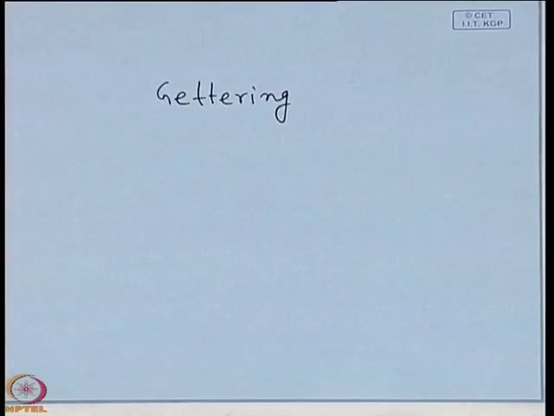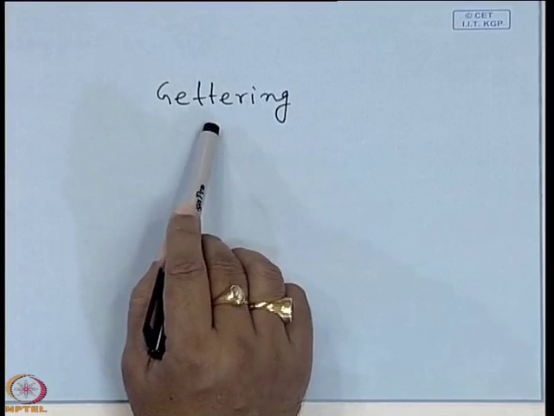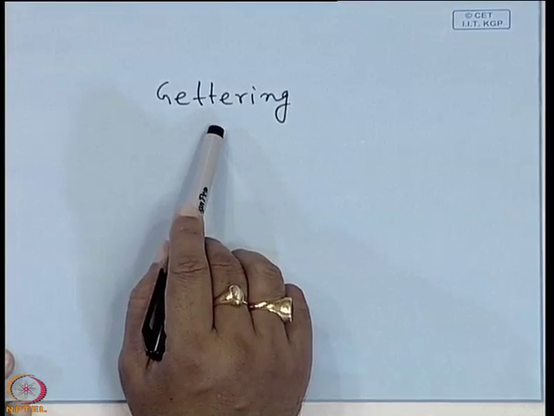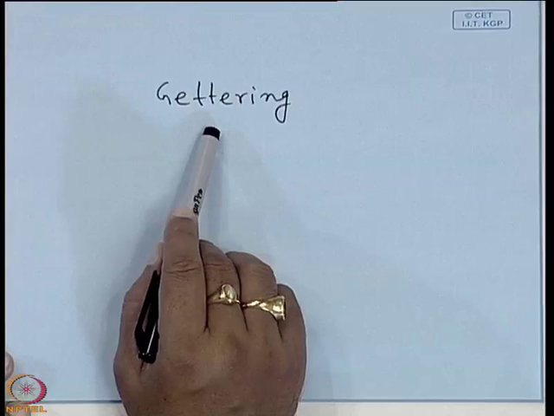The other thing we do not use, the other part is removed, basically it is wasted. So, that is the reason that impurity is driven away from the surface region to the bulk or the back side of the substrate or the wafer. That is done by gettering, and oxygen plays an important role in gettering the impurity.